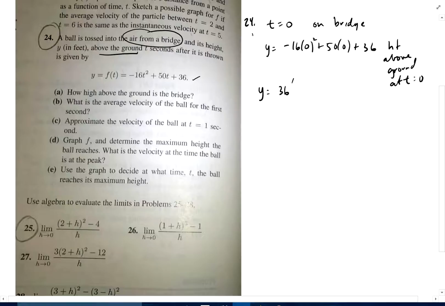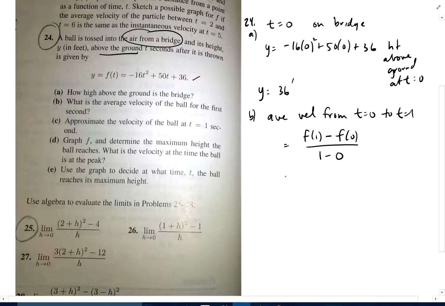Okay, so there's A. B, the average velocity for the first second. So average velocity from t equals 0 to t equals 1. So we know by now that's going to be f of 1, its height at 1 second, minus f of 0. So that's the distance it traveled over 1 minus 0.